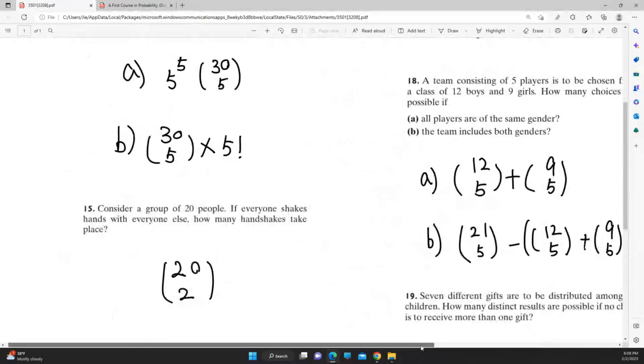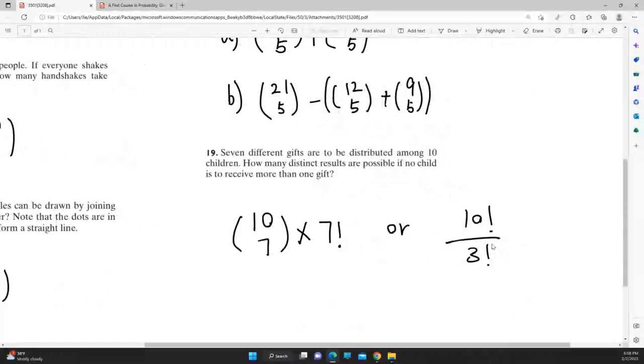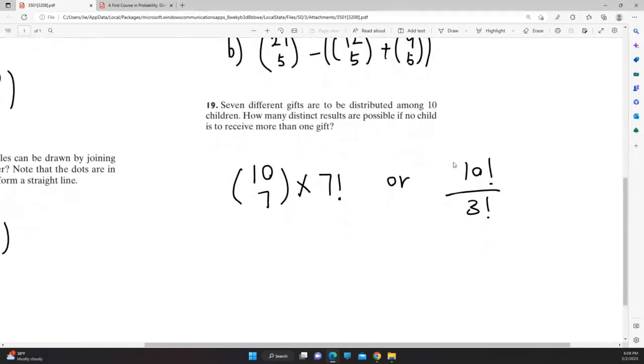I'm presenting problem 19. Seven different gifts are to be distributed among 10 children. How many distinct results are possible if no child is to receive more than 1 gift? So I make the 10 children into different groups. The first 7 groups would be represented by the 7 different gifts, and the last group would be children who did not receive a gift.